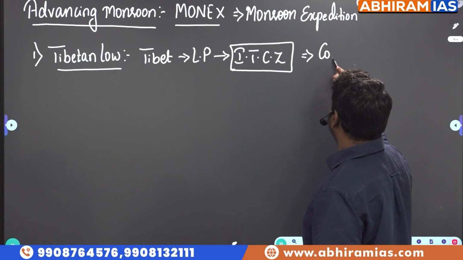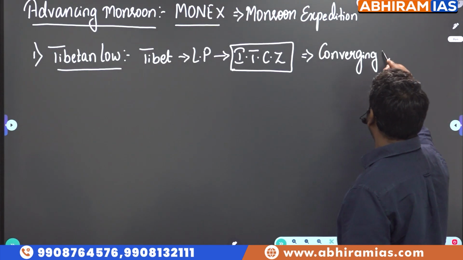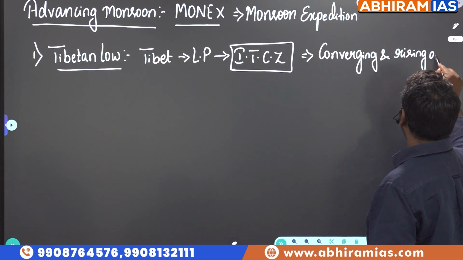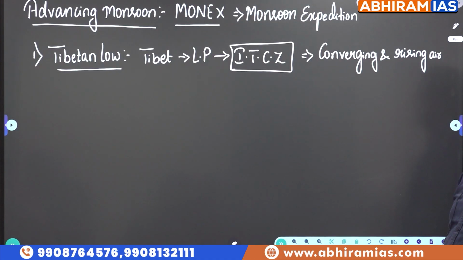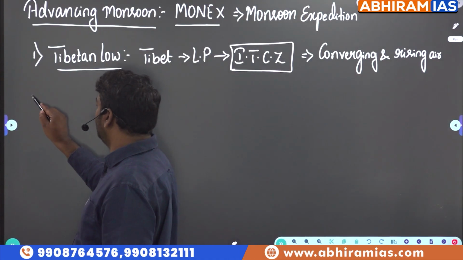What will you have in this particular part? What is a low pressure area? Converging and rising air. Tibet has low pressure, ITCZ, converging and rising air.